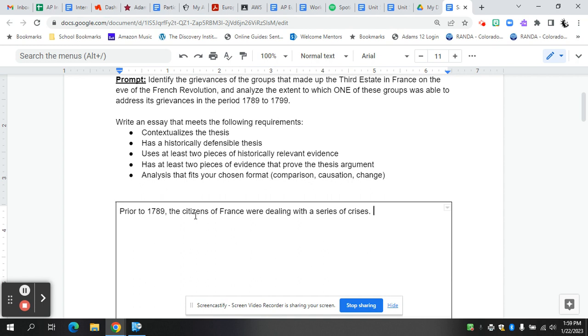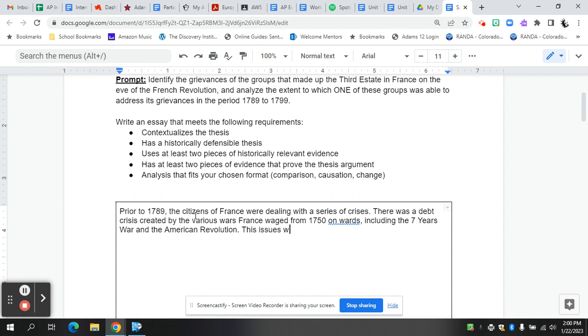All right. Anyway, so I'm going to set that up. Now let's just break these down. There was a debt crisis created by the various wars France waged from 1750 onwards, including the Seven Years' War and the American Revolution.